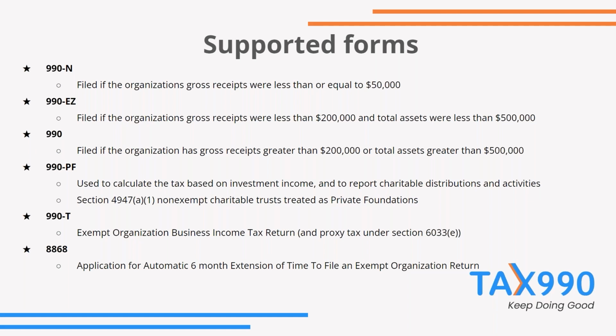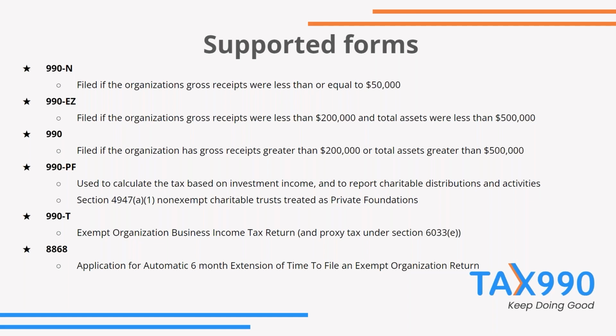The 990T is for exempt organization business income tax return, and it can be filed in addition to a 990 series form. And the 8868, as mentioned, is the application for automatic 6-month extension of time to file and can only be filed once per tax year. So if the deadline for your client to file is May and you file an extension, that would mean the new deadline is November.